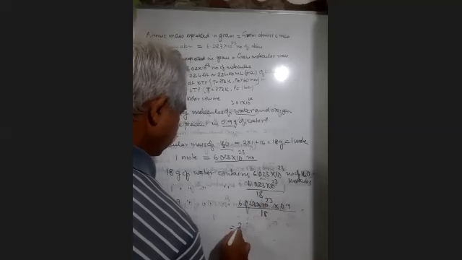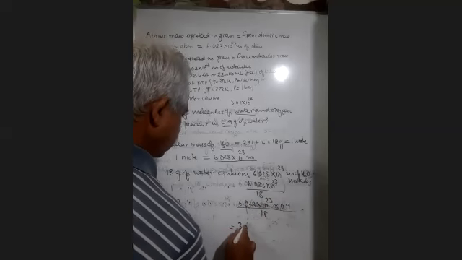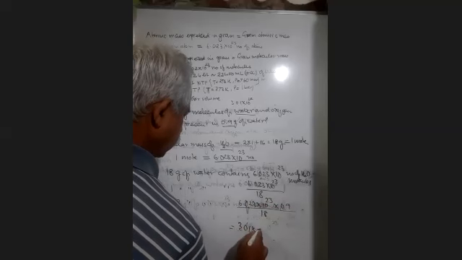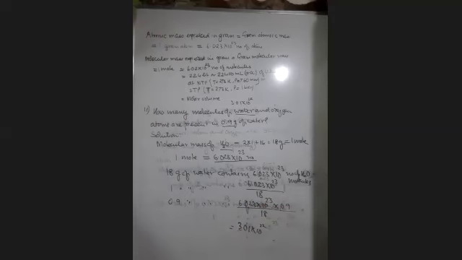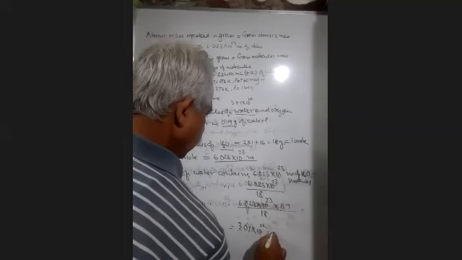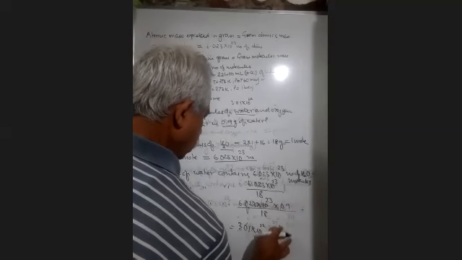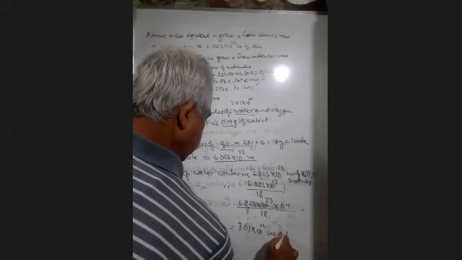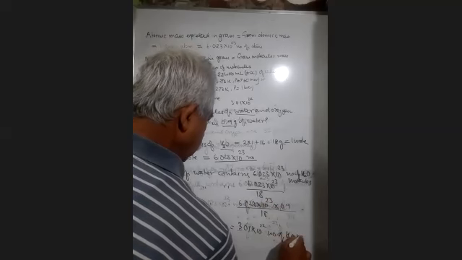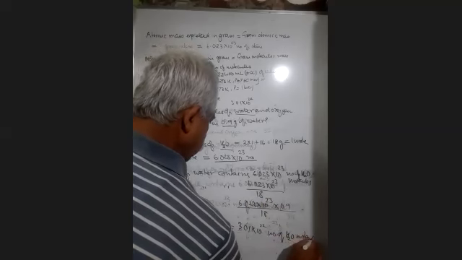So we have found it is 3.01 into 10 to the power 22. Okay? Number of H2O molecules. Okay?